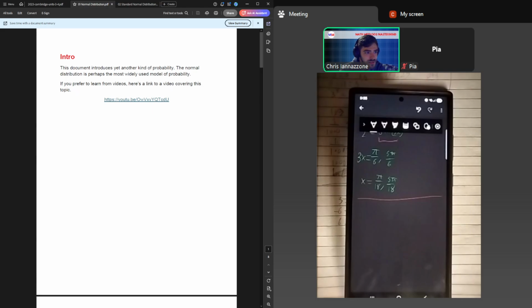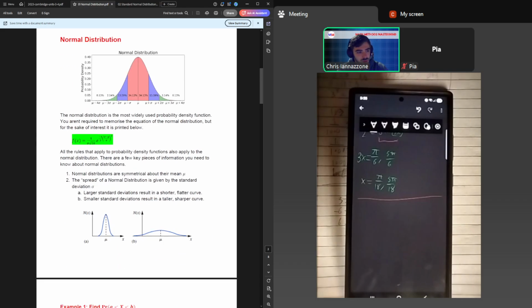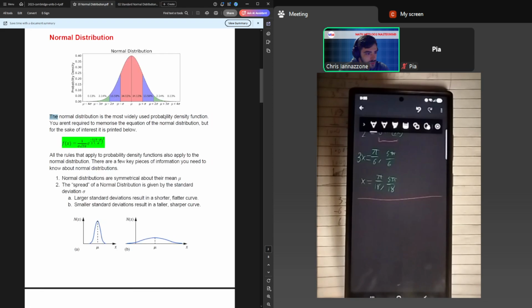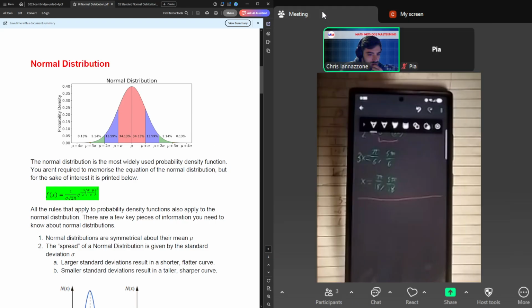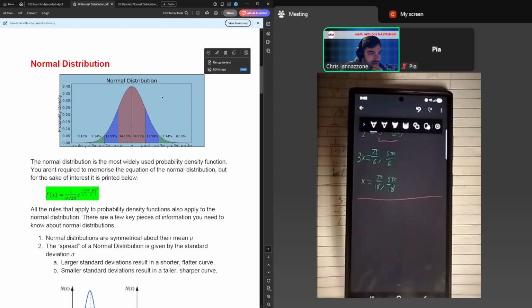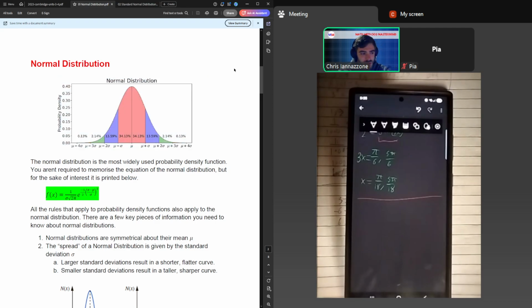What we then look at is the normal distribution, which is the most widely used, or at least widely applicable, probability density function or probability distribution function, however you want to say it. The normal distribution looks like this, and it accounts for pretty much most things that come up in real life.